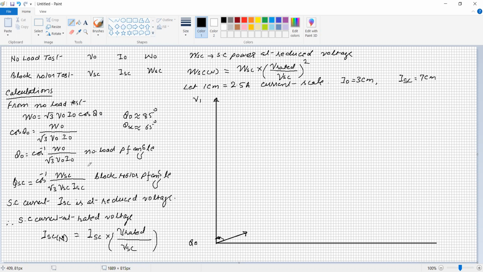Now second is the ISC, the short circuit current, whose magnitude is very high as compared to the no load current, and it is lagging by 65 degree, which is less than theta 0. So we will take this one.